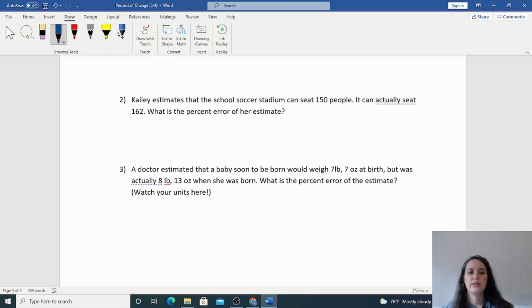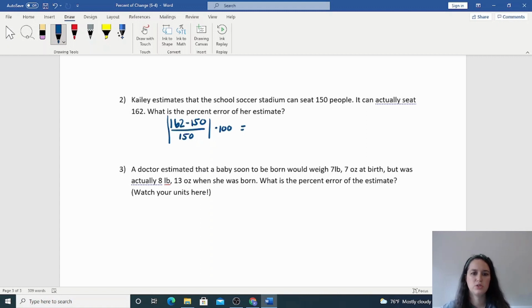All right, number 2. Kaylee estimates that the soccer stadium can seat 150 people, but it actually seats 162. So what's the percent error of her estimate? So the actual 162 minus the expected 150, absolute value bars, times 100. Okay, and you may notice, hey, I don't really need absolute value here. It's going to be positive already because the actual amount is bigger than the expected amount.